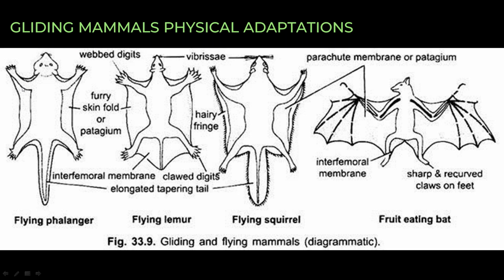Different genera have different ways of attaching this folded skin, and this folded skin is called the patagium, and this works like a parachute. This membrane, the patagium, is stretched on either lateral side between the neck, limb, and the tail.